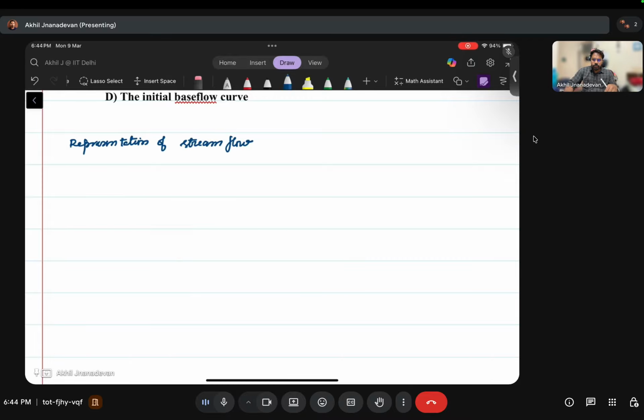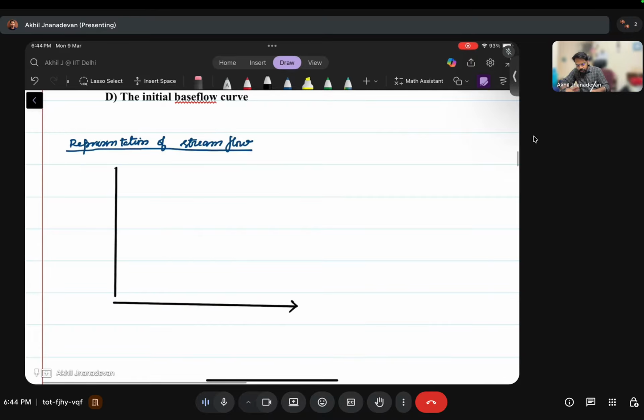In the case of stream flow, we have a continuous curve because the stream flow or the runoff is continuous. With time, we continuously get values, right? So in such a case, we measure the discharge at the outlet of a catchment.